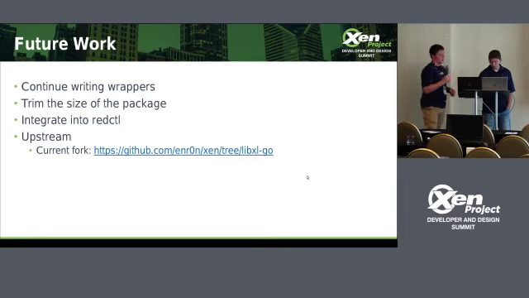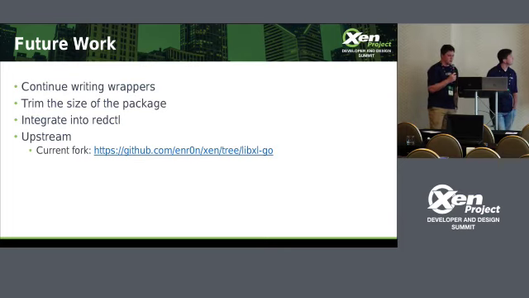And finally, for some future work on the Go package, we want to continue writing wrappers to cover what we have generated so far. And we want to trim the size of the package because some of the APIs in the C code do not necessarily make sense for Go.